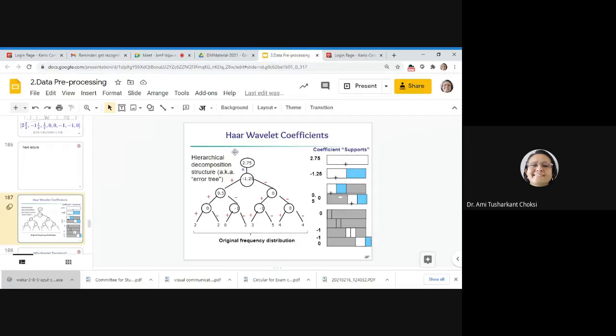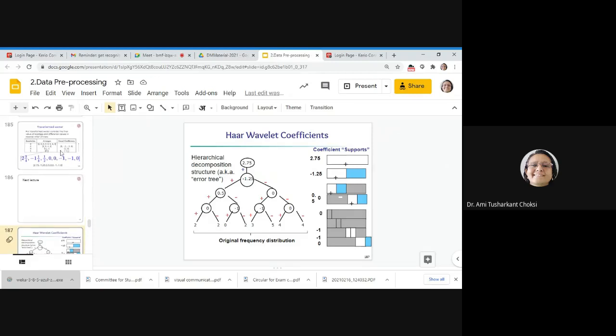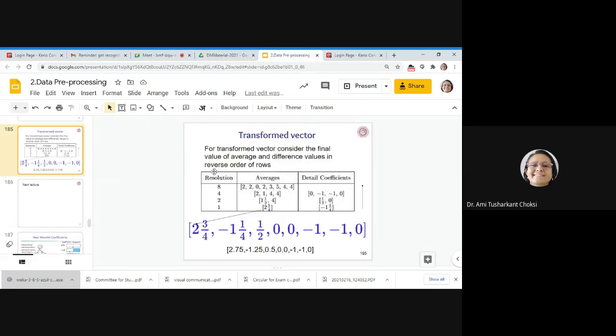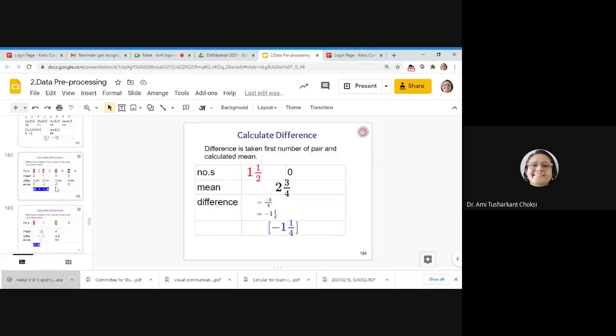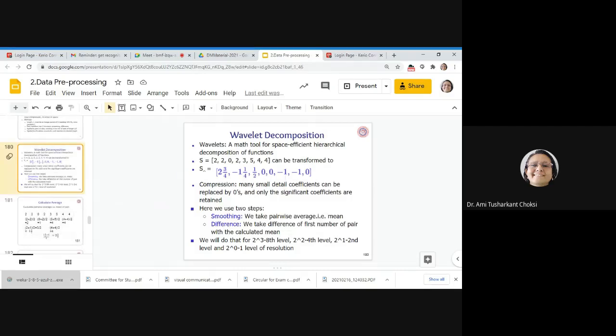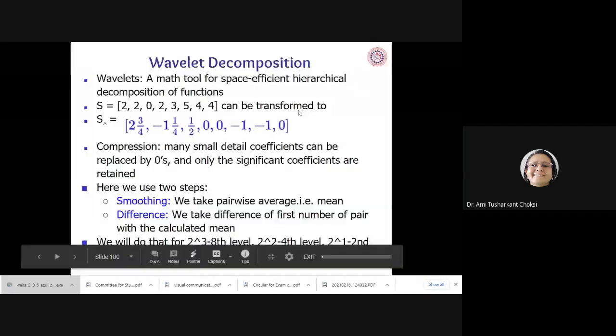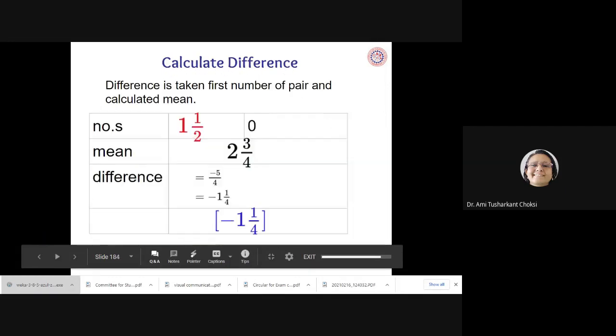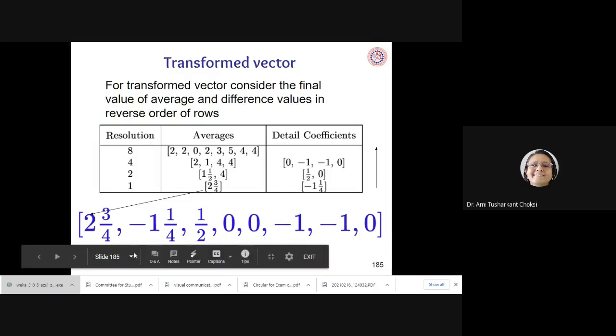Now, what we studied in the previous lecture was wavelet transformation, isn't it? What have we done there? We have done the smoothing and difference, right? Recall this thing. We took the pairwise average and we took the difference of the first number of the pair with the calculated mean, and then we represented that as the transform factor.